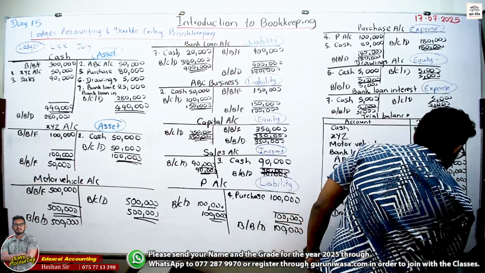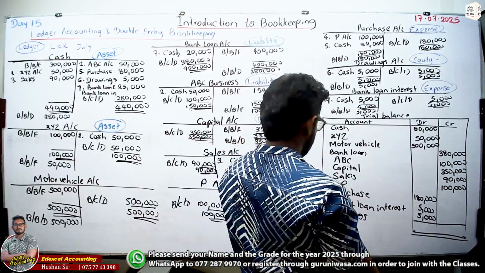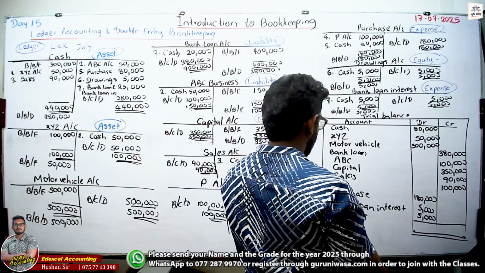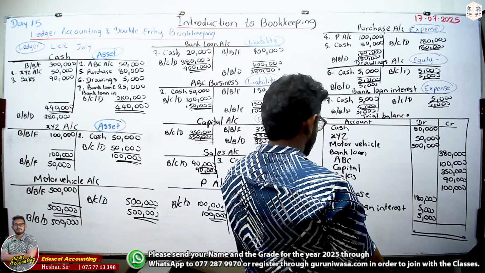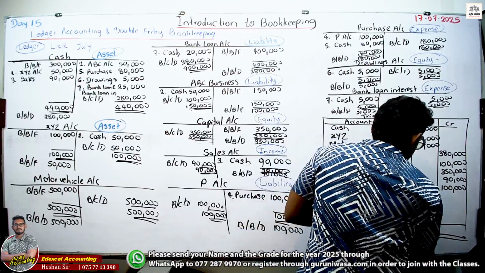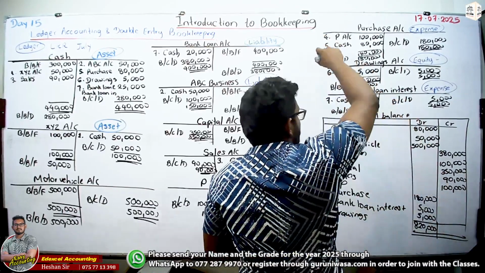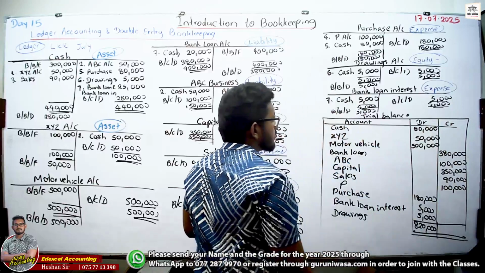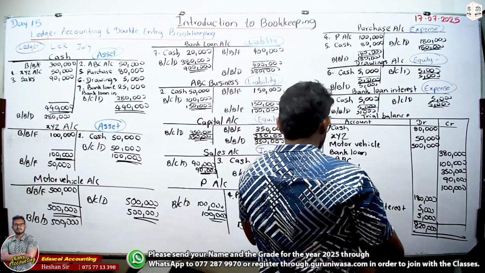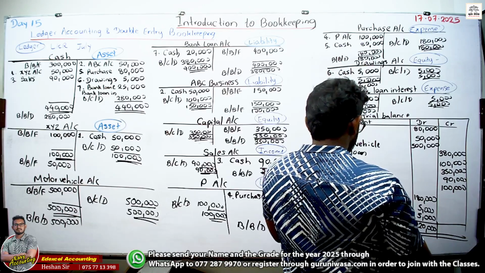Let's balance and check what the totals are telling. You can see 80,000 plus 50,000 plus 500 plus 180 plus 5 plus 5, which means 820,000. If the total of debit entries equals the total of credit entries and the ledger accounts have been balanced properly, the total of the debit should be equal to the total of credit.